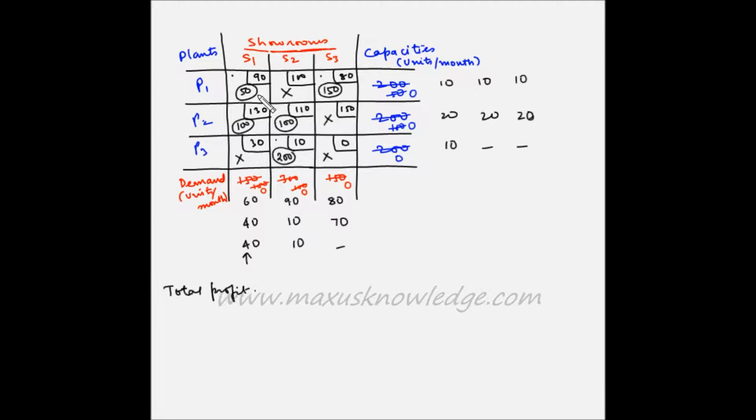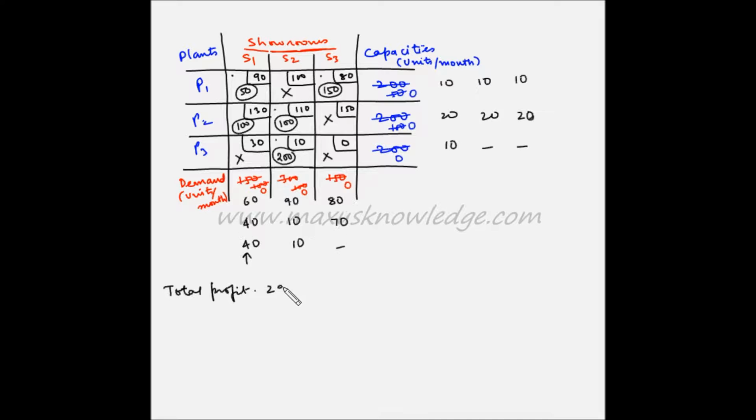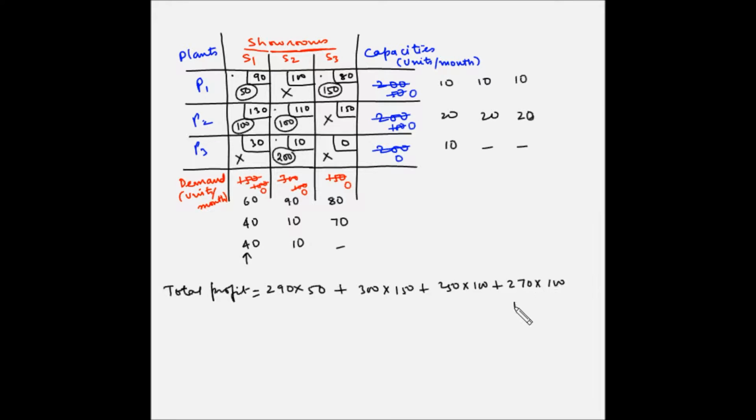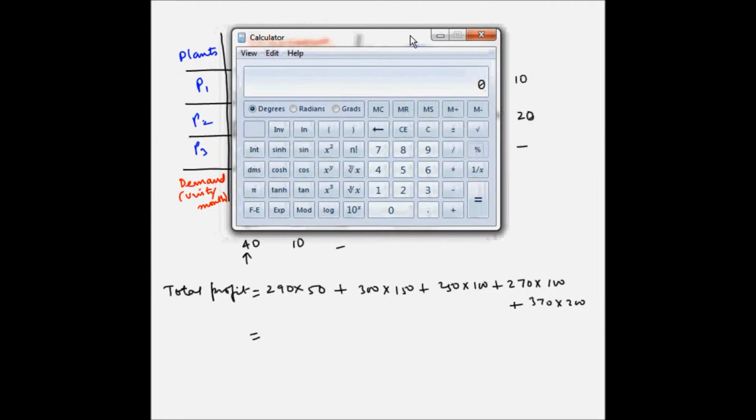So from P1 to S1, the profit is 290, so 290 multiplied by the number of units, which is 50, plus from P1 to S3, the profit is 300 multiplied by the number of units, which is 150, plus from P2 to S1, 250 multiplied by 100, plus from P2 to S2, 270 multiplied by 100, plus from P3 to S2, 370 multiplied by 200. So let me put my calculator here.